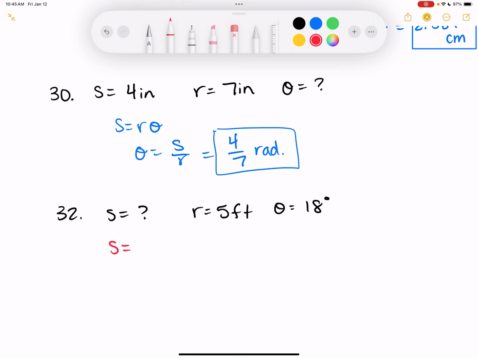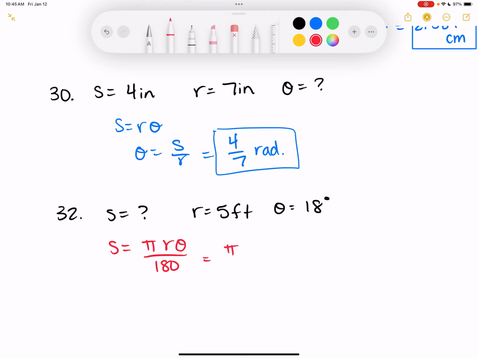I'll do the new one that you haven't done before, because you already know how to convert, and if you can convert, then you just plug it in like normal. So it's pi times r times theta over 180, because that way the degrees will cancel for theta.